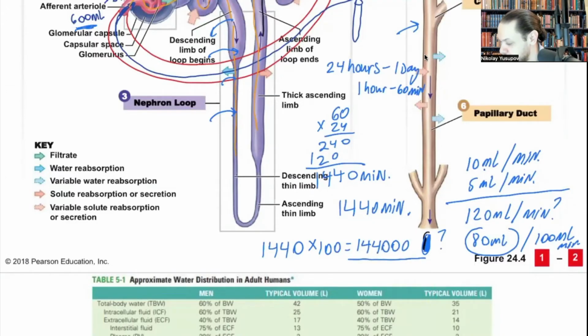And this is mLs. So if I convert this into liters, 144 liters. So if you were making 80 mLs of urine, 100 mLs of urine, you would not leave the bathroom because you would have to pass 144 liters of urine per day.